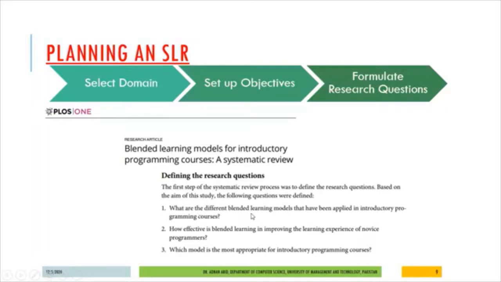So what are the different blended learning models that have been applied? This is the first thing. And how effective is blended learning? Finding the models is the first question, their effectiveness is the second question, and out of those models, after reviewing so many approaches for blended learning for computer programming, which one do the authors of this article think seems to be the best choice?